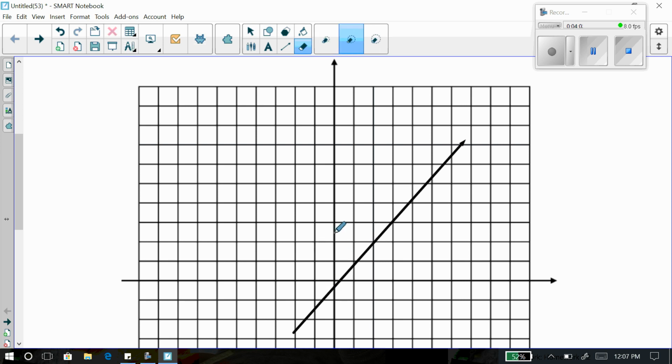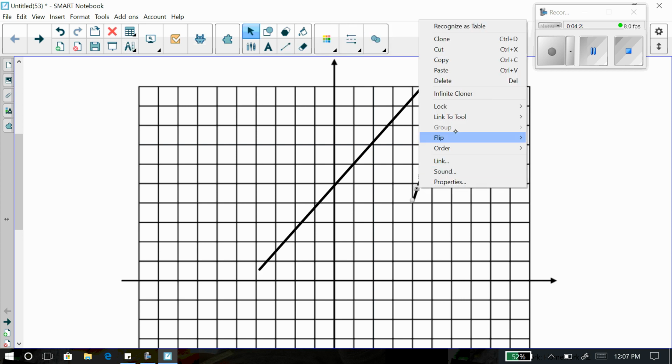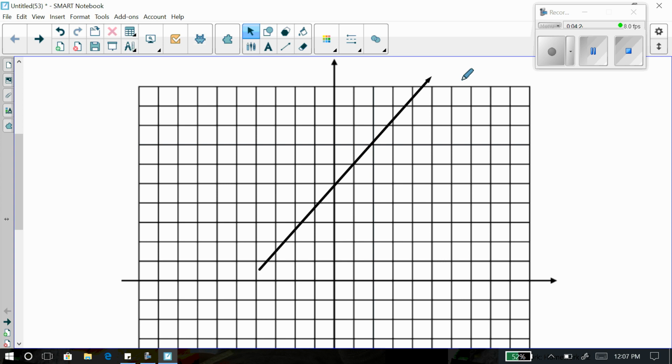Now, let's get rid of this. We're going to look at lines that do not start at 0, 0. So maybe it looks something like this. So what we need to do now is look at, first off, where is our y-intercept?